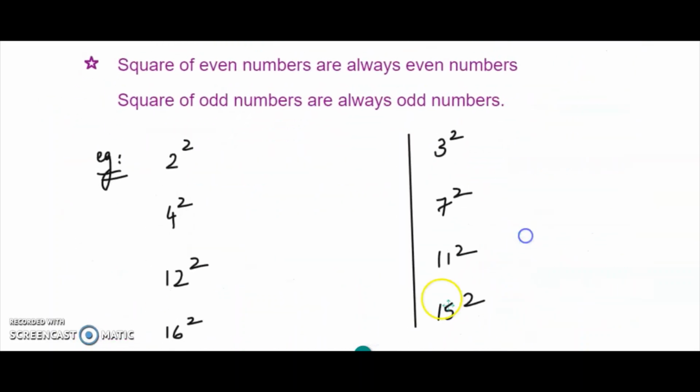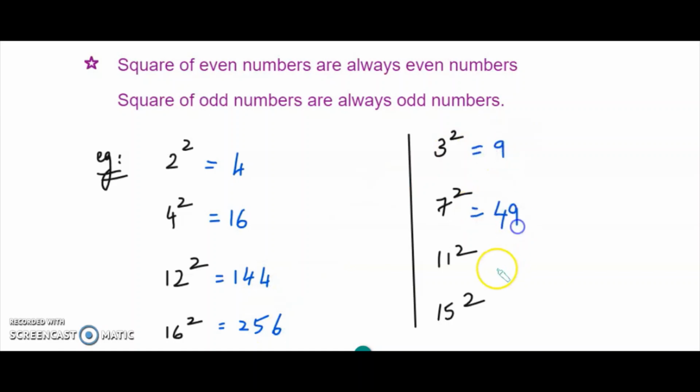The square of an even number is always even and the square of an odd number is always odd. Let's take 2 square is 4, 4 square is 16, 12 square is 144, and 16 square is 256. You have to remember the table which I showed you. 3 square is 9, 7 square is 49, 11 square is 121, 15 square is 225.